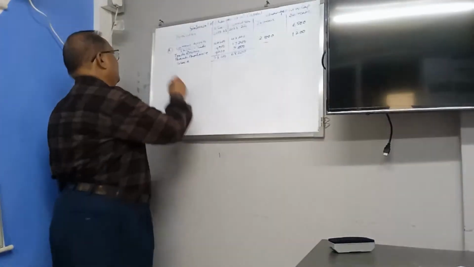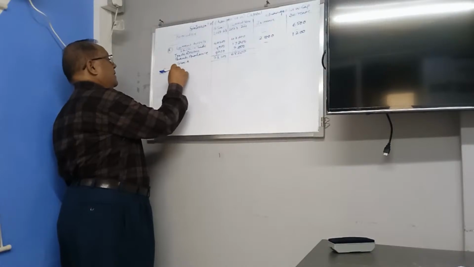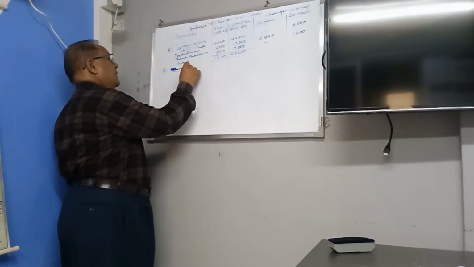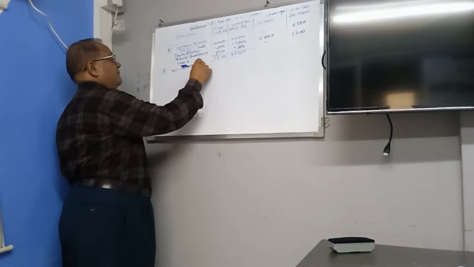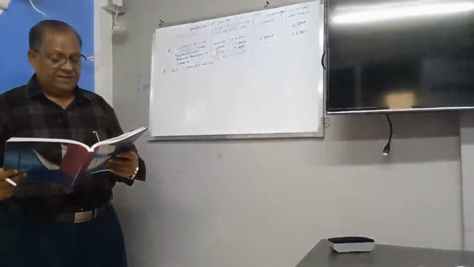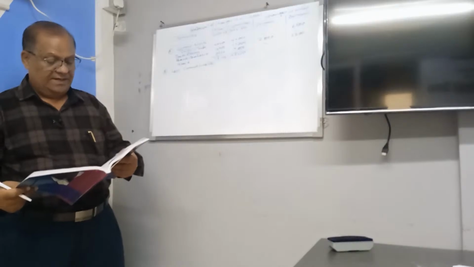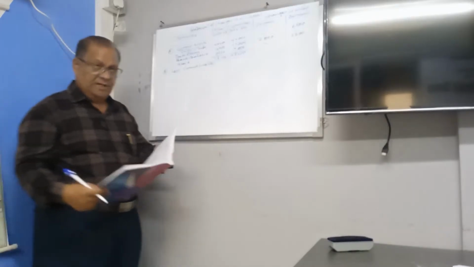Then we'll take here B, less current liabilities. In that, current liabilities will be bills payable and trade creditors. Only two liabilities are there.